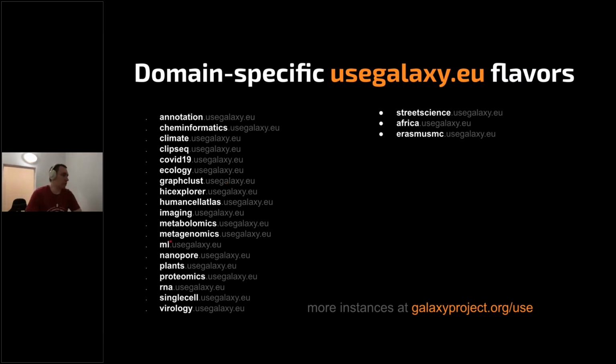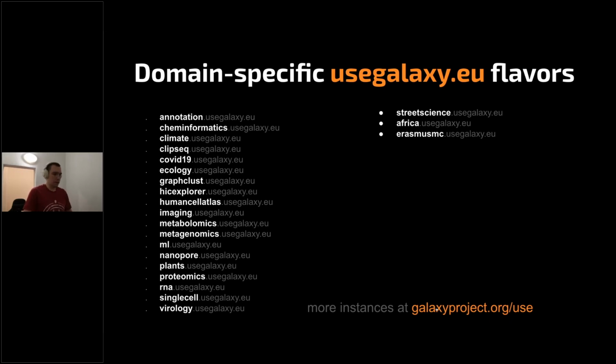So if you go to ml.usegalaxy.eu, you will be offered a set of machine learning tools, and you will be presented machine learning workflows, and you will be linked and pointed to machine learning tutorials. So this is a great way to start because it narrows down the clutter. Because if you're only interested in proteomics, you want to see what Galaxy offers in the proteomics realm. And this is a way how to do this fairly smoothly.